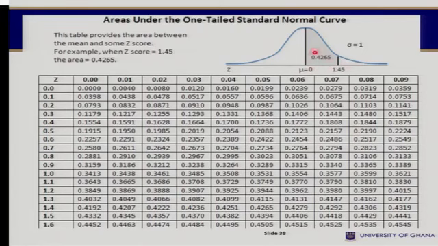We know the shaded area to be 0.4265. Assuming we're interested in the unshaded right tail, the whole of this area, which is 0.5, minus this shaded area gives us 0.0735.